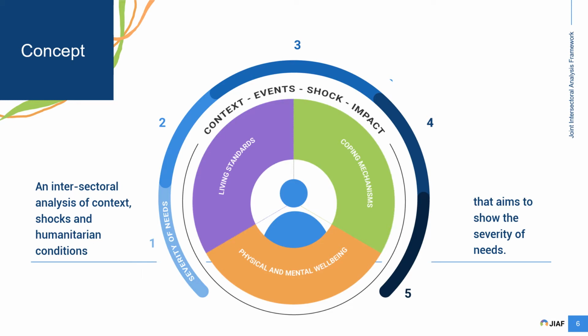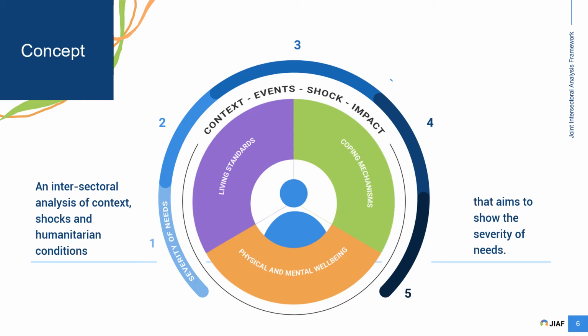The JIAF offers a methodological approach and a structured sense-making process to support regular joint needs analysis through supporting the collation, analysis and storage of data, providing a way to organize what data to collect and how to analyze it, guiding a joint analysis process involving multiple stakeholders, and serving as a driver for collaboration between humanitarian actors.